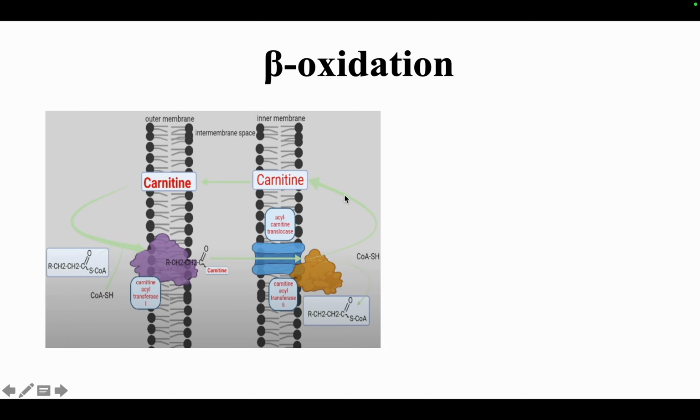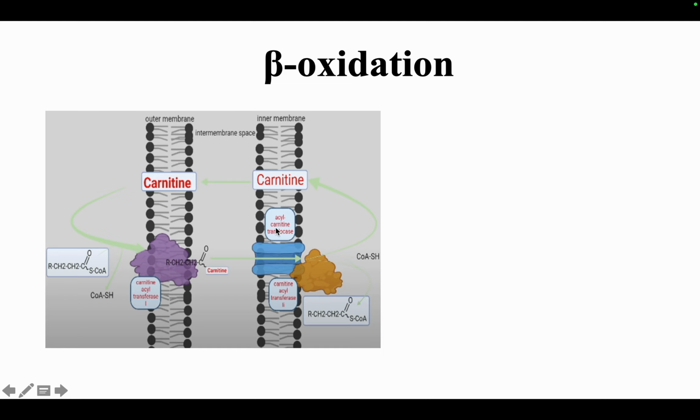We have the outer membrane, the intermembrane space, and the matrix of the mitochondria. To transfer it, we have a carnitine molecule. This carnitine molecule gets transferred onto the fatty acyl chain, as you can see. So we have a carnitine fatty acyl chain here, and then this will easily get transported by a transporter.